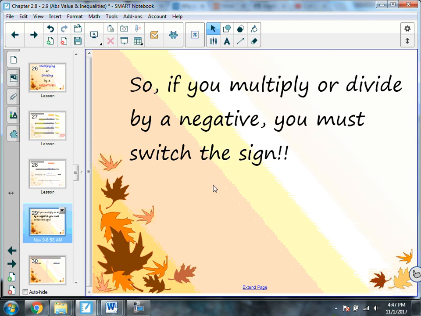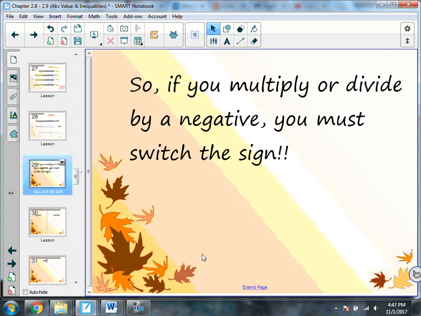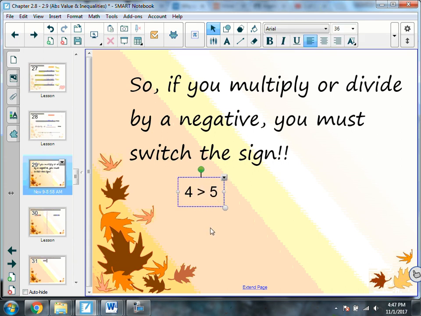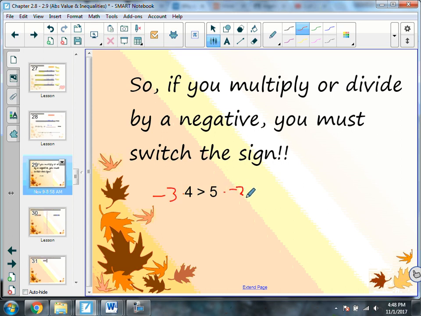So, if I have 4 is greater than 5, if I multiply both sides by negative 3, what I get is negative 12 and negative 15. Well, negative 12 is not greater than negative 15.